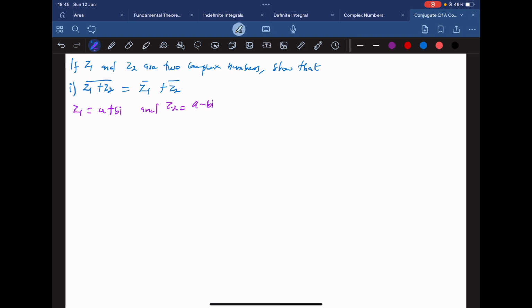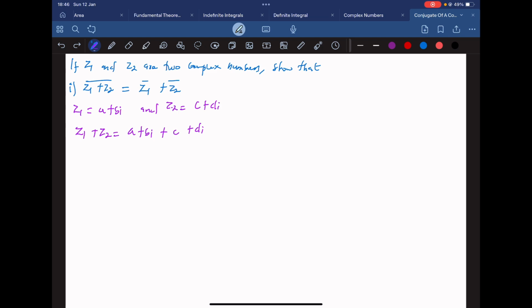In that case, coming over here, let's just solve for z1 plus z2. z1 plus z2, we are going to have a plus bi plus c plus di, because these are two complete complex numbers, right? So they shouldn't be the same.